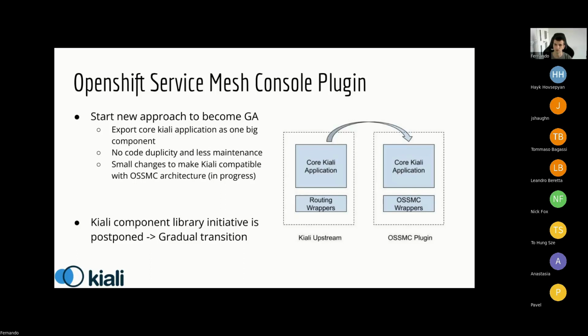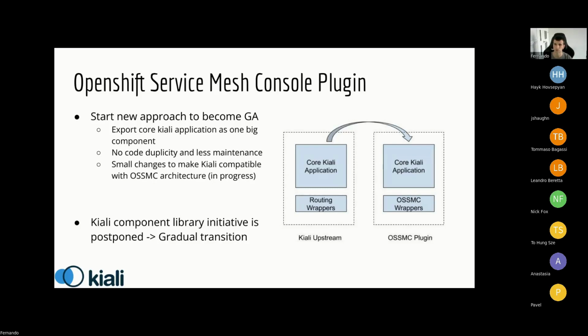So in order to make it become GA sooner, we have changed our approach, and now what we are going to do is export the core Kiali application as one big component and copy the code into the OSSMC plugin. In order to avoid code duplication and divergence, the core Kiali application copied into the OSSM plugin won't be allowed to be modified.